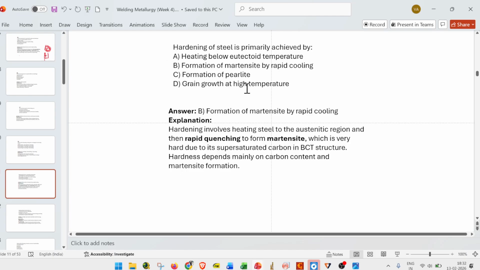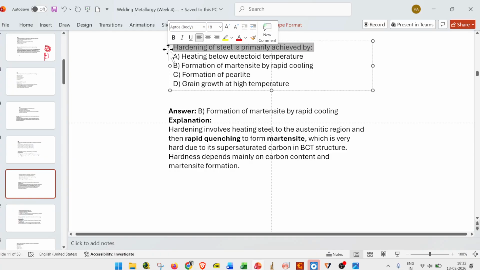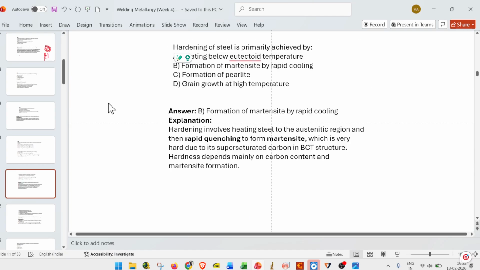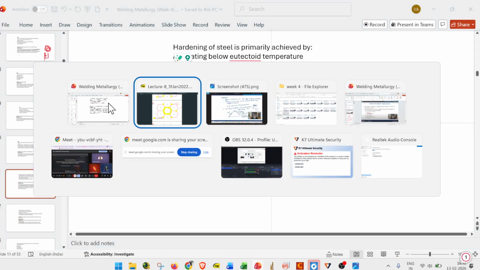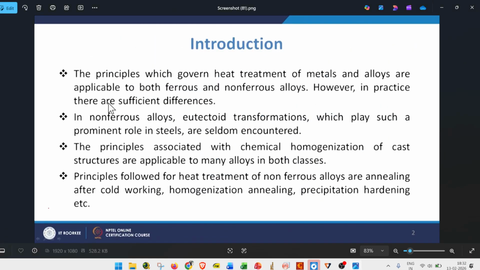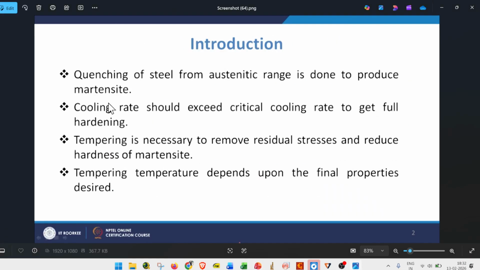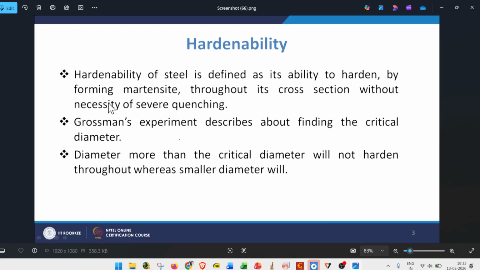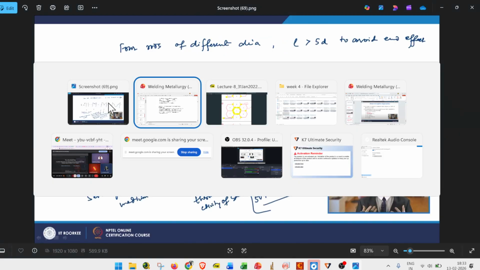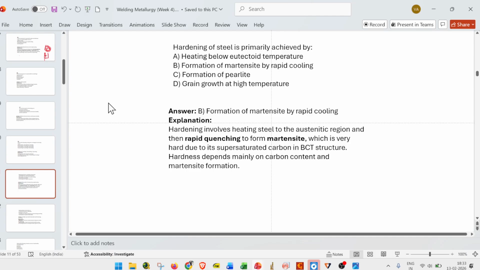Next, coming to hardness in steel, primarily achieved by. So now we are coming to the next chapter, that is hardness. How can we get hardness into steel? There are multiple ways. First is to increase the carbon content.